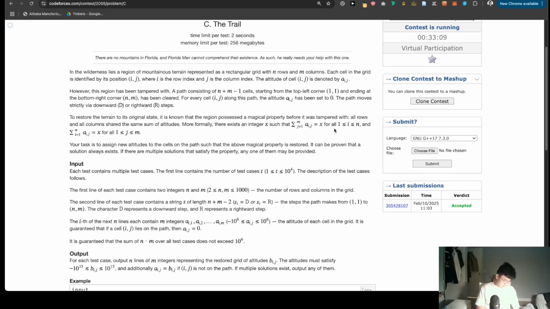Yeah, I'm not convinced. I was like, you just set these to 0. How can you guarantee that this is the same? How can you guarantee this equals target?